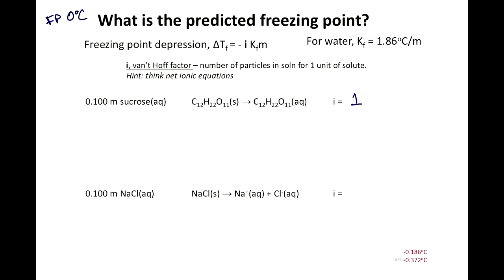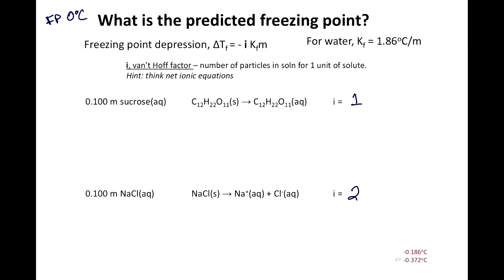Just look at the equation. 2, yeah, I get a cation and an anion. So what we see here is that salt has double the freezing point lowering power than sugar, because if I put 1 unit of sugar in, I only get 1 particle out. But if I put 1 unit of NaCl in, I actually get 2 particles out.